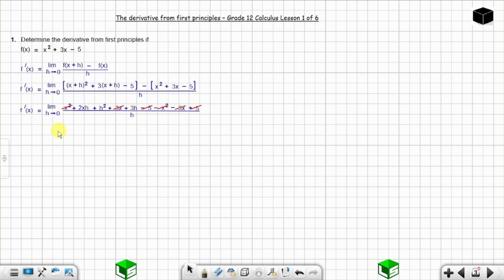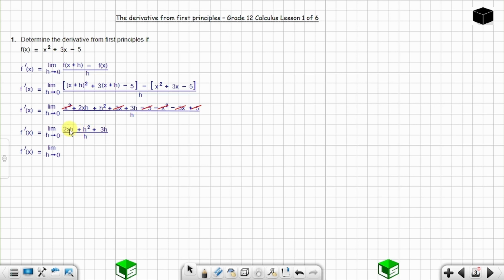Let's carry on. F prime of x is equal to the limit as h goes to 0 of 2xh plus h squared plus 3h, over h. Now you are going to factorize h outside of the bracket so that you can cancel with this h at the bottom. So f prime of x is equal to the limit as h goes to 0.